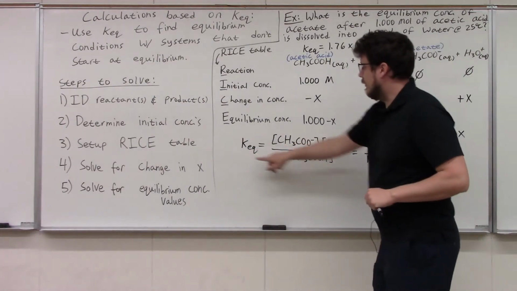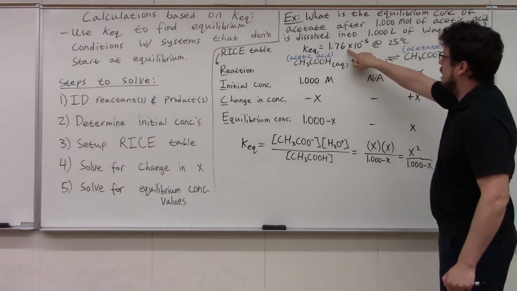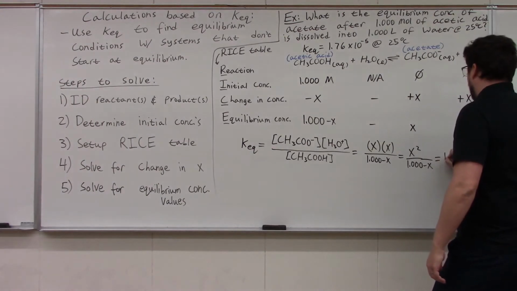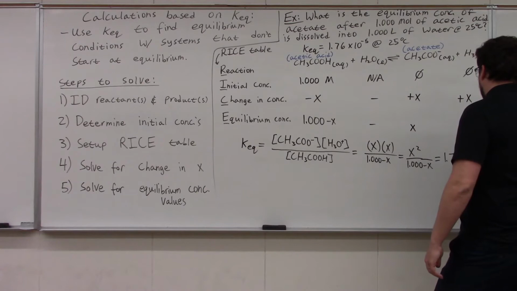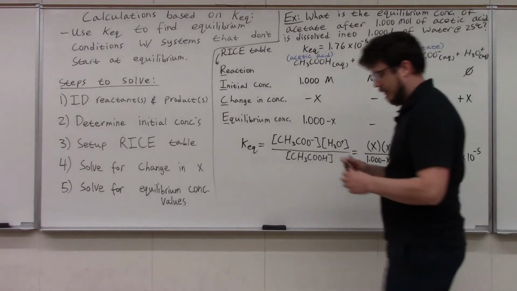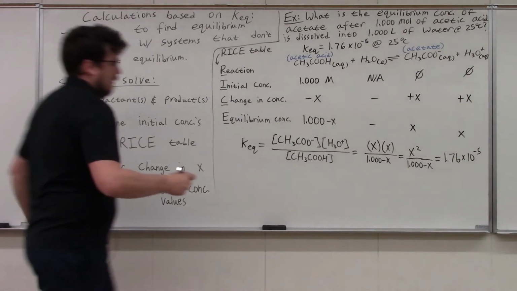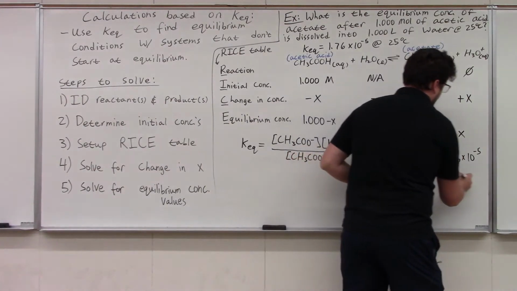So KEQ equals this, but it also equals this number right here. All of this is going to end up equaling 1.76 times 10 to the minus 5. And this end over here, this is where all of our focus shifts.